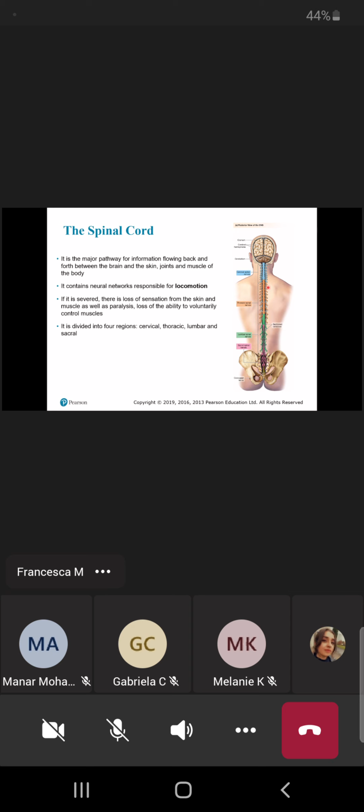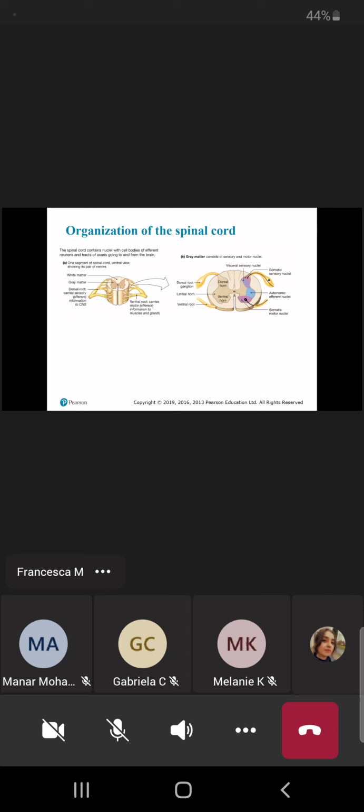So it is important for the regulation of the information pathway and the movement, the locomotion. As we said, it is divided into four regions: the cervical region, the thoracic region, the lumbar, and down here we have the sacral region. All of these regions have a similar structure.